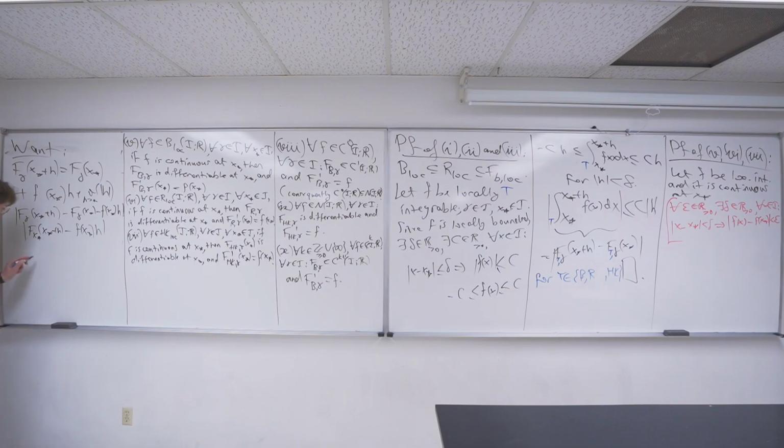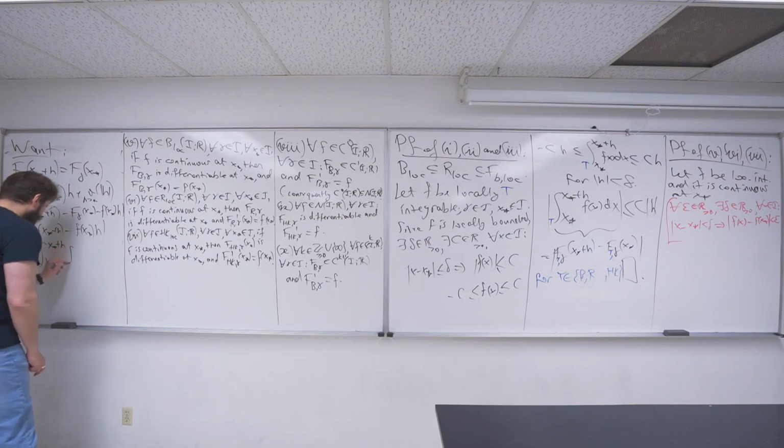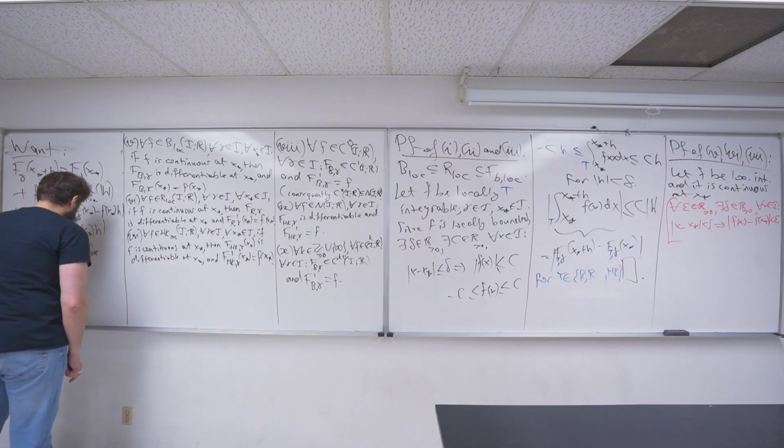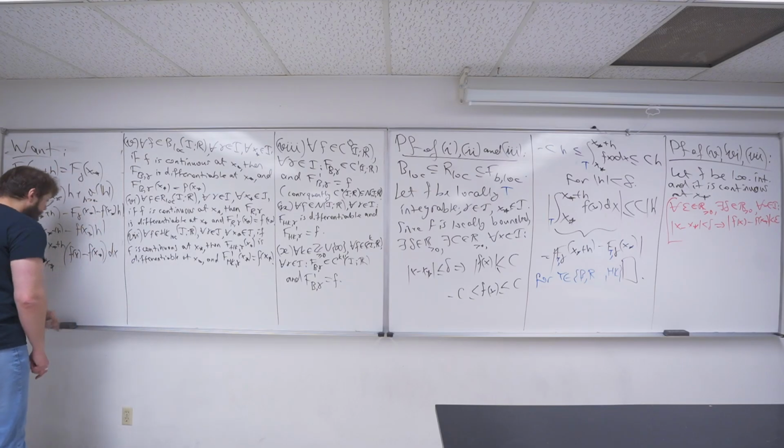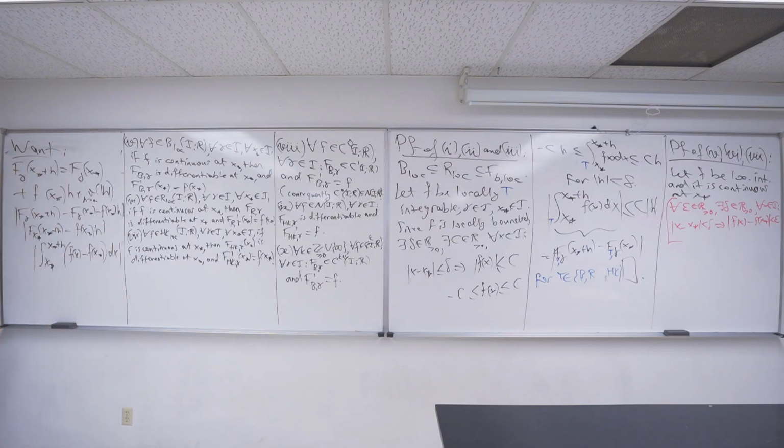Okay? So you can write it like so. So to control this, all I need to do is to control this. x star is constant. It's inside the integral, but it's a constant, okay?